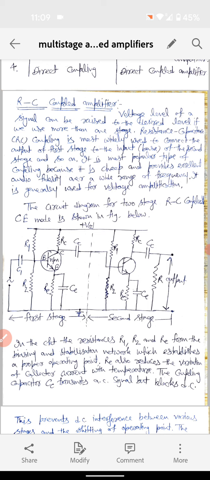Now each component which we have drawn in this diagram is important, and first of all we will discuss what these components are. We have used the resistances R1, R2, RE from the biasing and stabilization network, which establish a proper operating point.